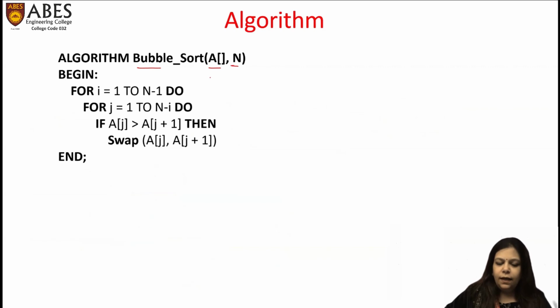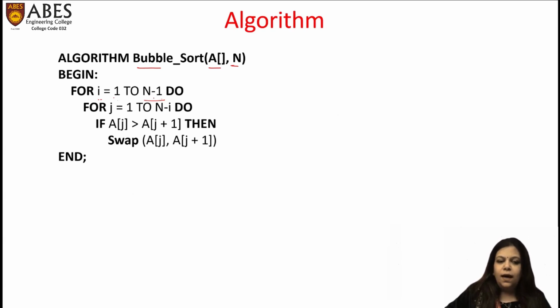As you can see, for n elements, n minus 1 iterations were required. So the first loop will start from 1 and go till n minus 1, right? The outer loop indicates the iterations, which starts with i equals 1 till n minus 1.